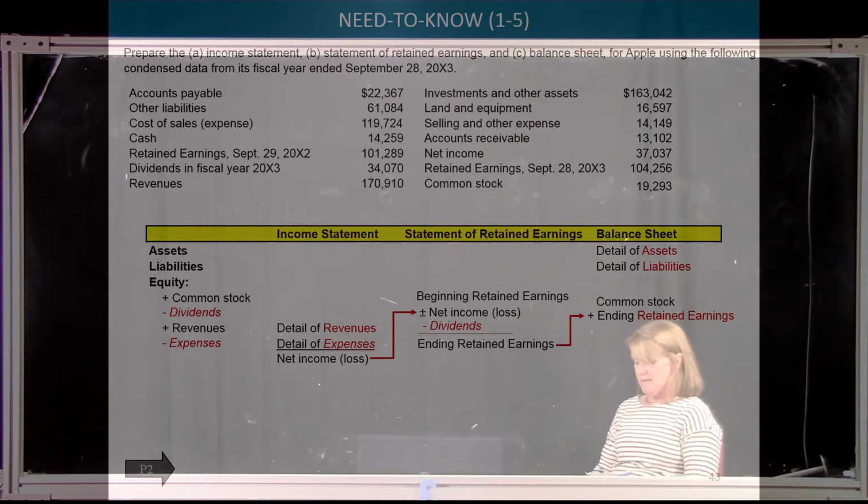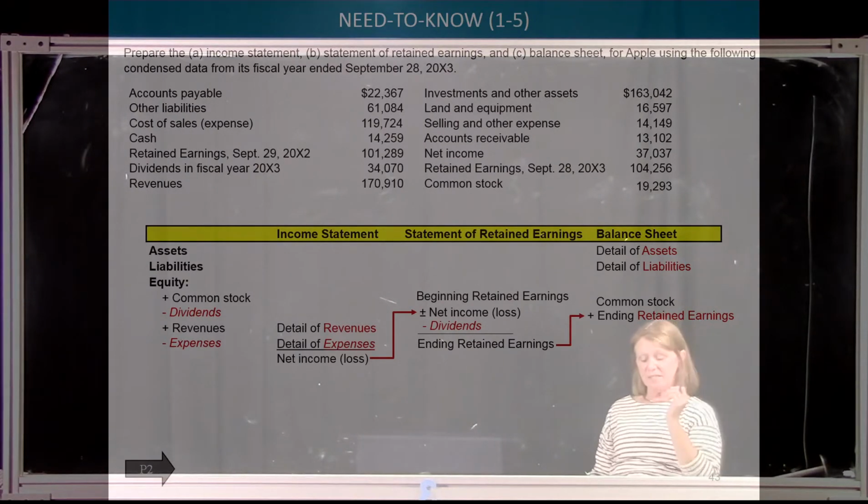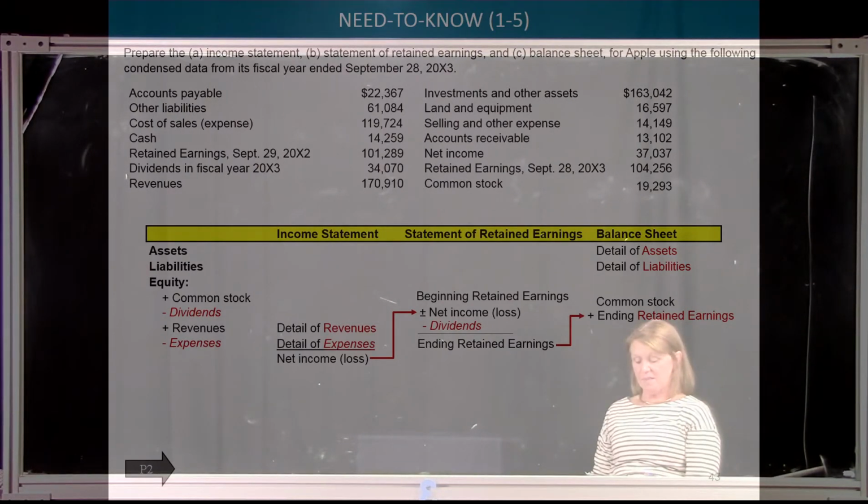Retained earnings on September 29th, 2012 is your statement of retained earnings. That's owner's equity. Dividends paid in 2013, statement of retained earnings. Revenue is your income, so it goes on your income statement. Investments and other assets goes on your balance sheet. Land and equipment is an asset, it goes on your balance sheet. Selling and other expenses are expenses, so they go on your income statement.